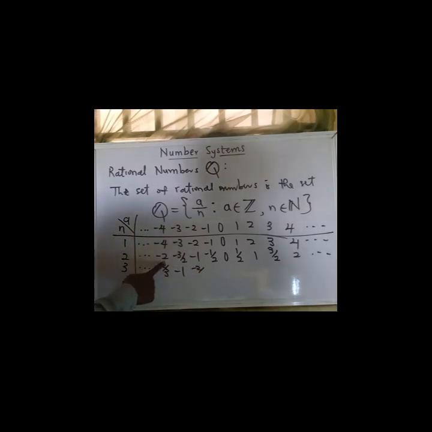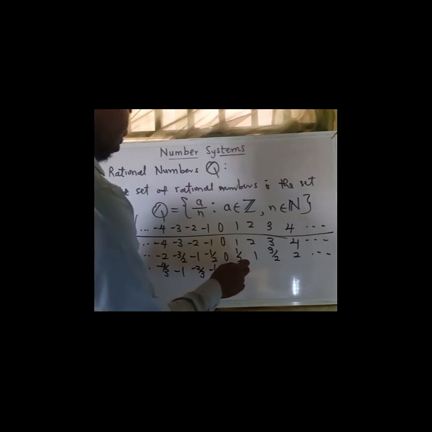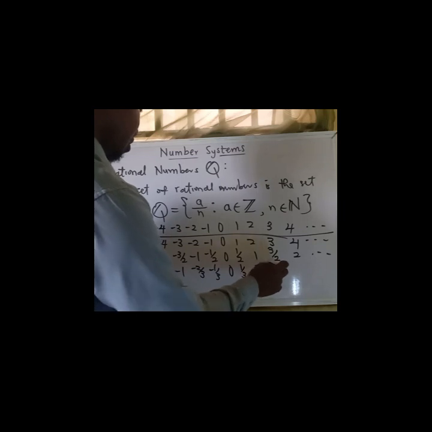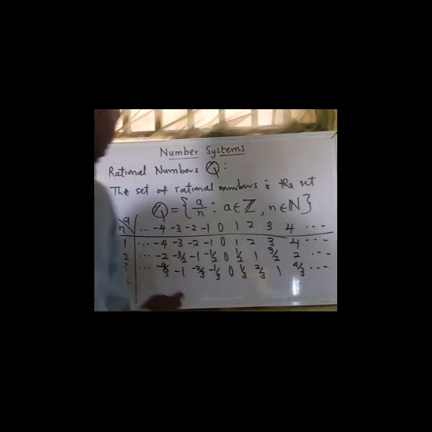Oh, this is -4/3, sorry. So this is -1/3, 0, this is 1/3, 2/3, then 1, then 4/3. This also continues.